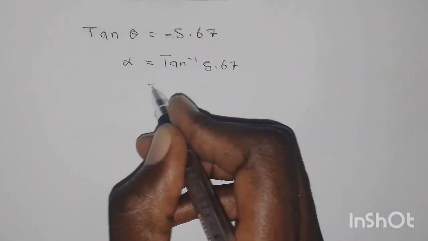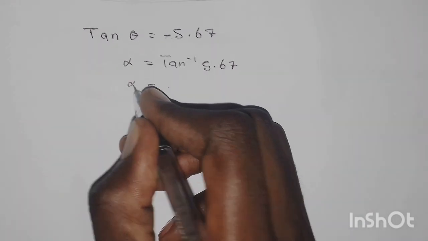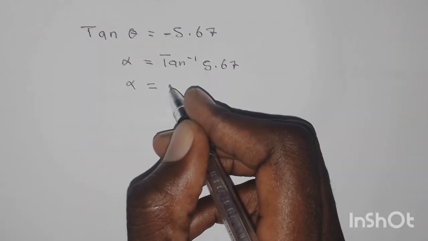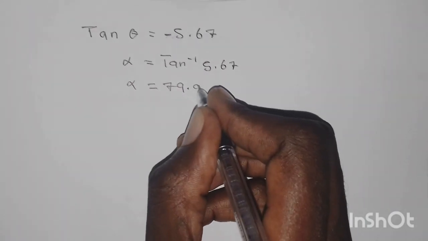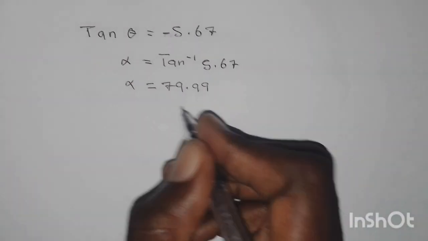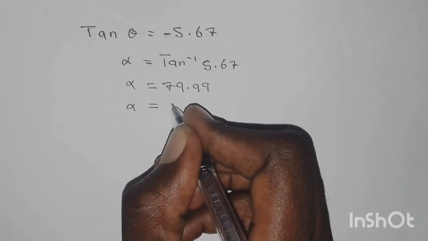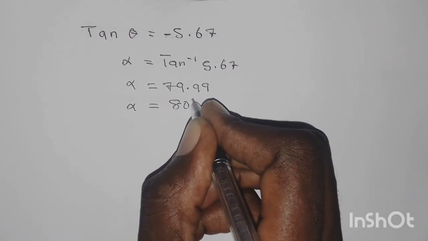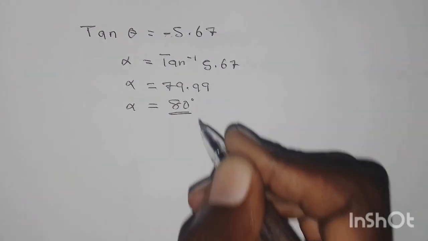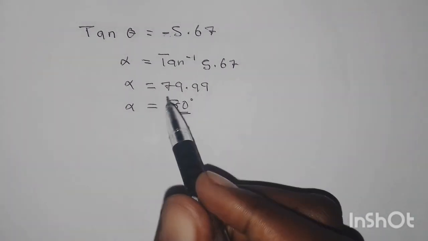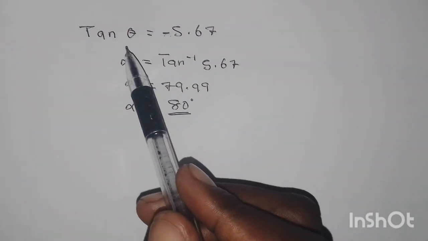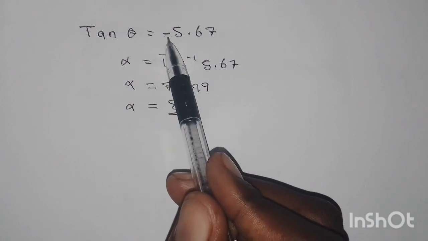Okay. So in this case, if you get your calculator there, you're going to have 79.99 something. When we round off, this is the same as 80 degrees. That will be basically in the first quadrant. So now you're going to ask yourself, in which quadrant is tan negative?